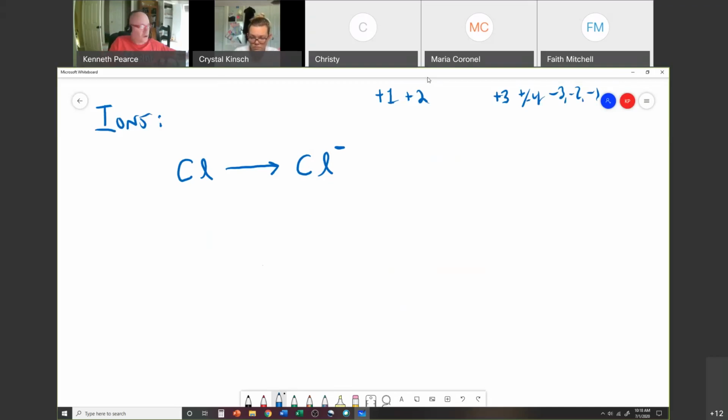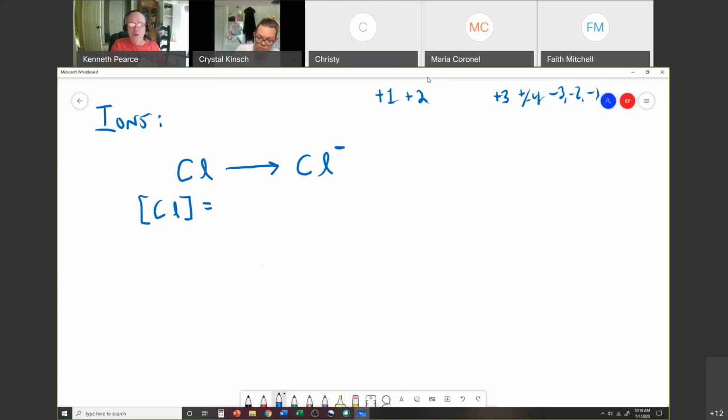So if we were to look at chlorine, we would say chlorine would be the electronic configuration. And once again, we have our periodic table in front of us. We remember the rule for doing electronic configurations: we go left to right, top to bottom. We start with hydrogen.